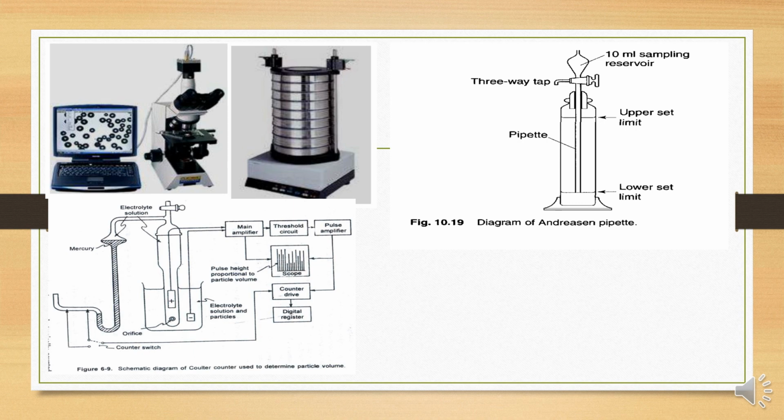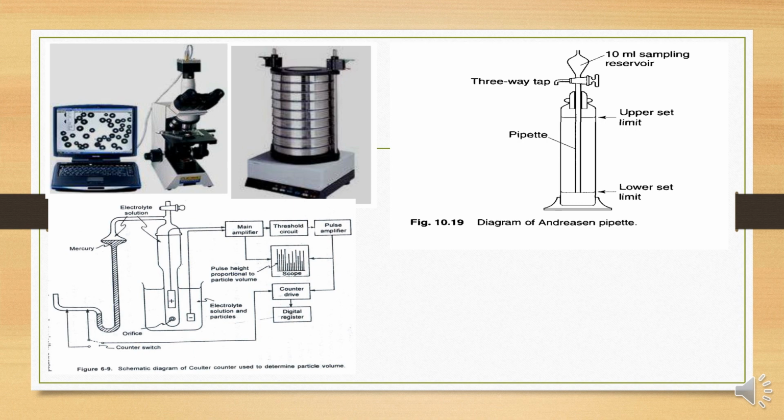We use standard sieves, and the sieves are arranged in order with the coarsest on top. We place the powder, collect the powder in the downside portion, and calculate the size. Compared to the other methods, this method is inexpensive, simple and rapid.